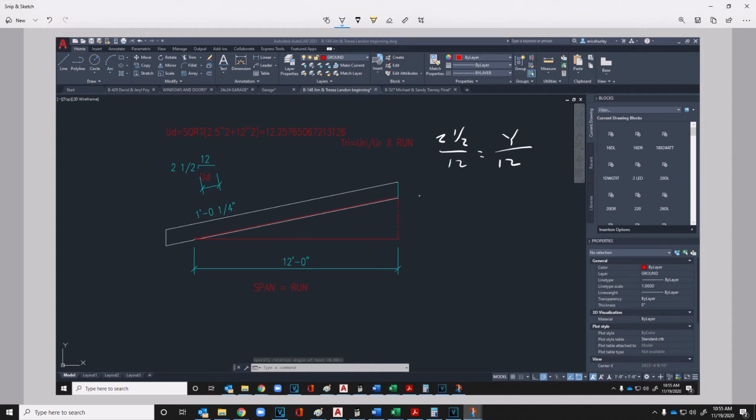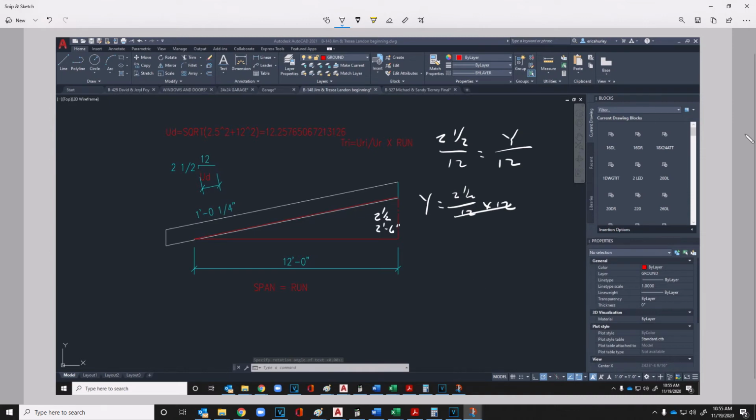All right, so we're going to work for y is equal to 2.25 divided by 12 times 12. What's that going to give us? We can do this without even using a calculator. It's going to give us 2.25 because these two cancel out. So this rise here is going to be 2.5 feet or 2 feet 6 inches.